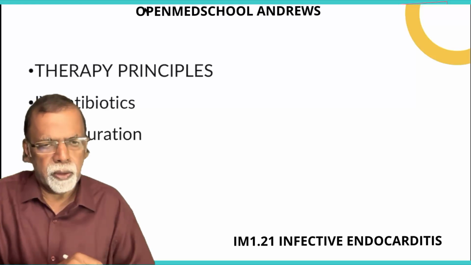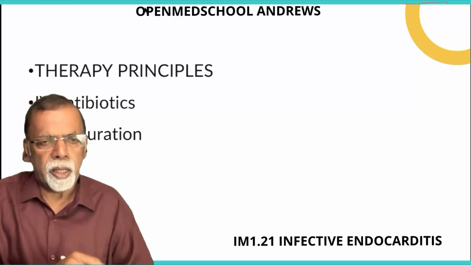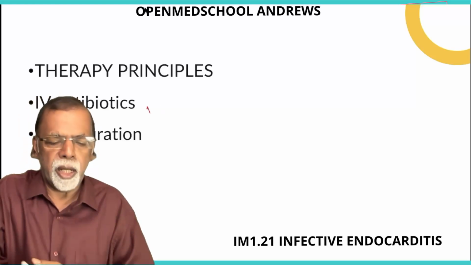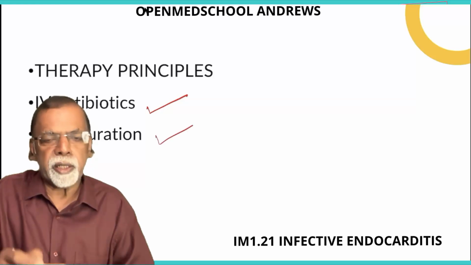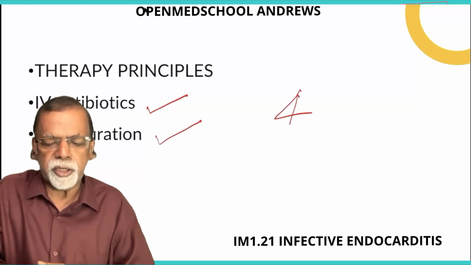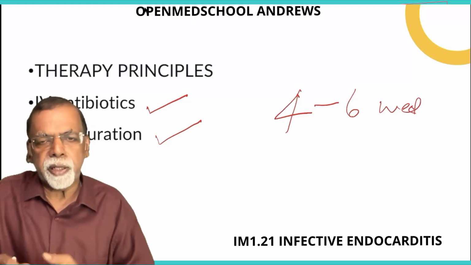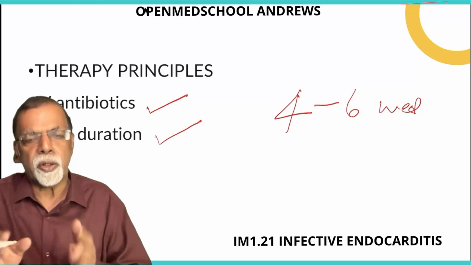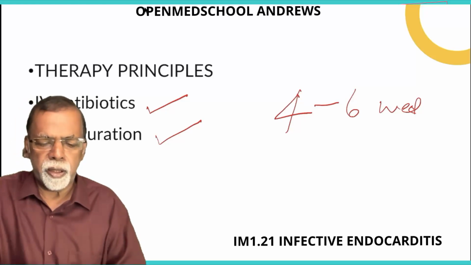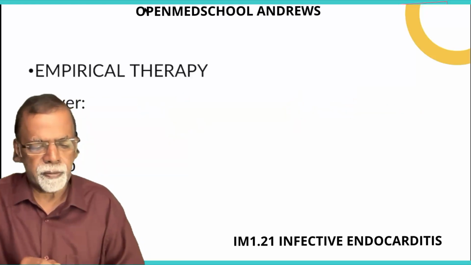Now we are going to the principles of therapy. Antibiotics should be given IV and long-term, approximately 4 to 6 weeks of antibiotic therapy. So start with empirical therapy, and then depending upon the organism, you change the antibiotics.